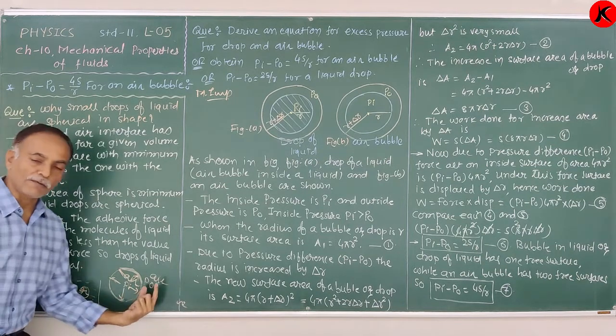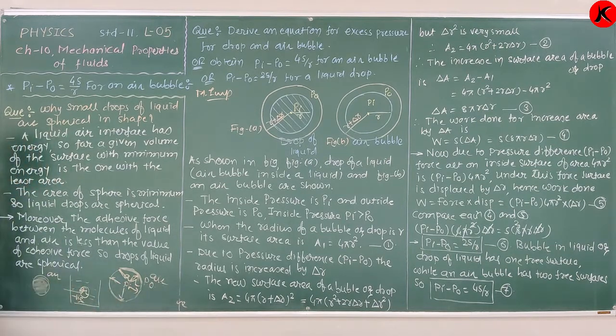Again, an air bubble formed in a medium has two free surfaces, while a drop of a liquid or an air bubble formed in a liquid has one free surface.